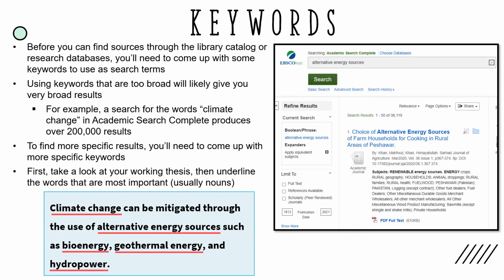Using a database like Academic Search Complete, try typing some of these terms in the search bar. A search for alternative energy sources gives you over 38,000 results. To narrow these results down even more, click on Advanced Search.